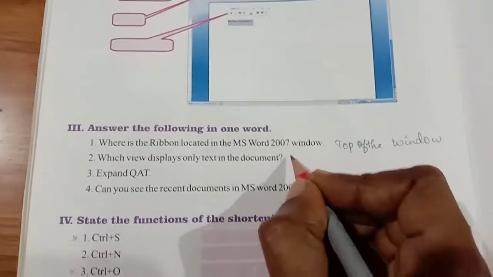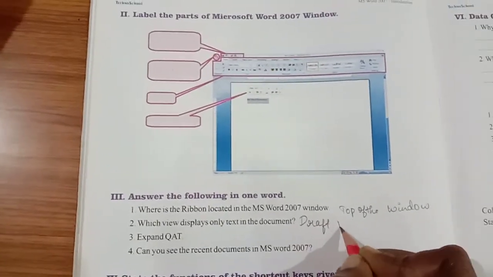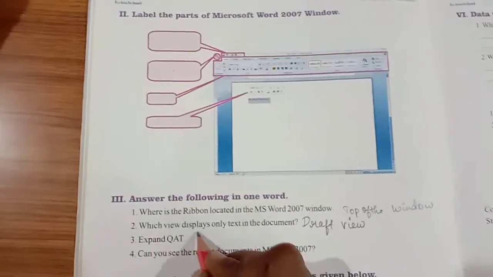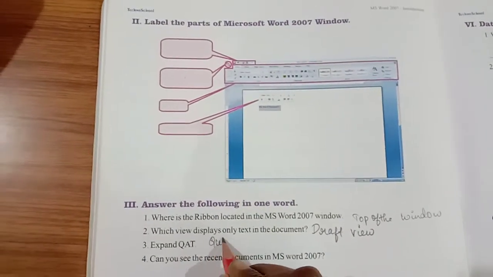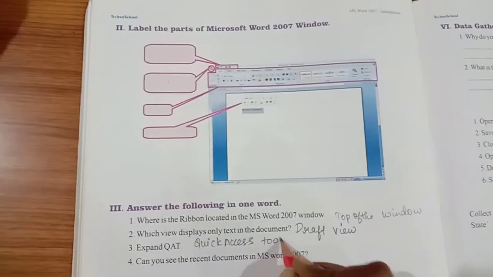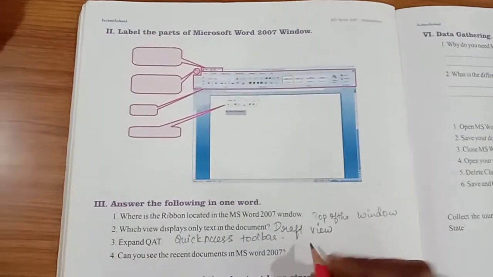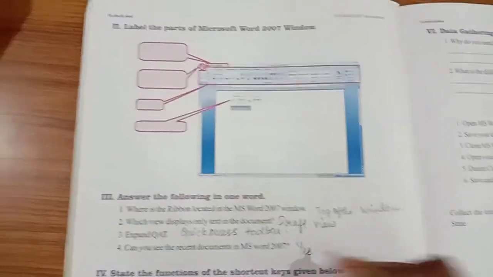That is draft view. Expand QAT, that is quick access toolbar. Can you see the recent documents in MS Word 2007? Yes, you can see the recent documents.